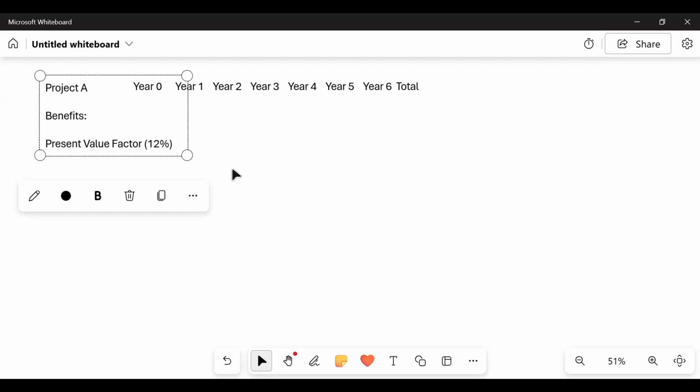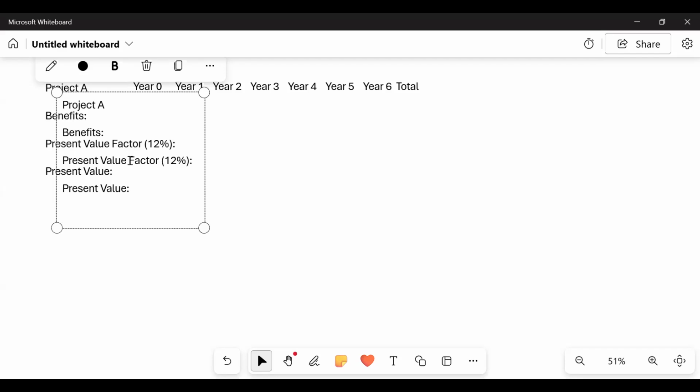And then once you do that, let's multiply the two values and find present value. I'm going to find present value for benefits.